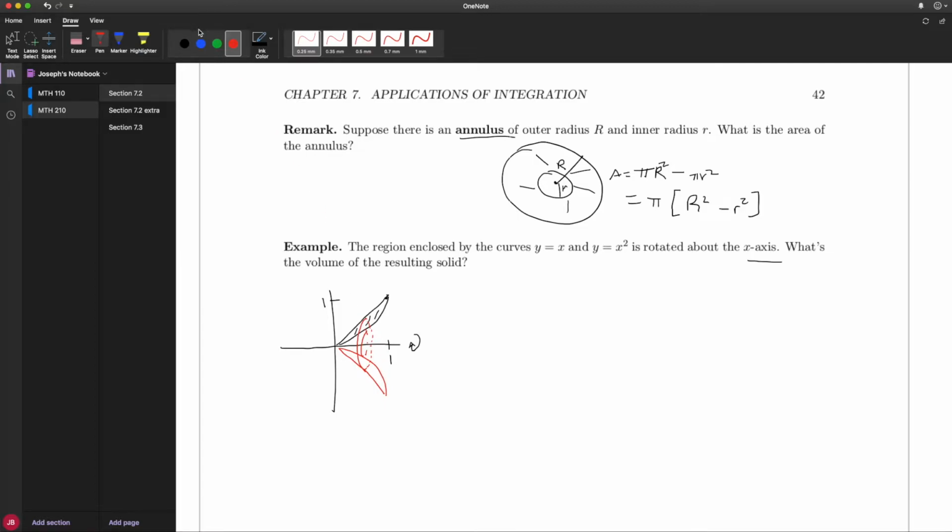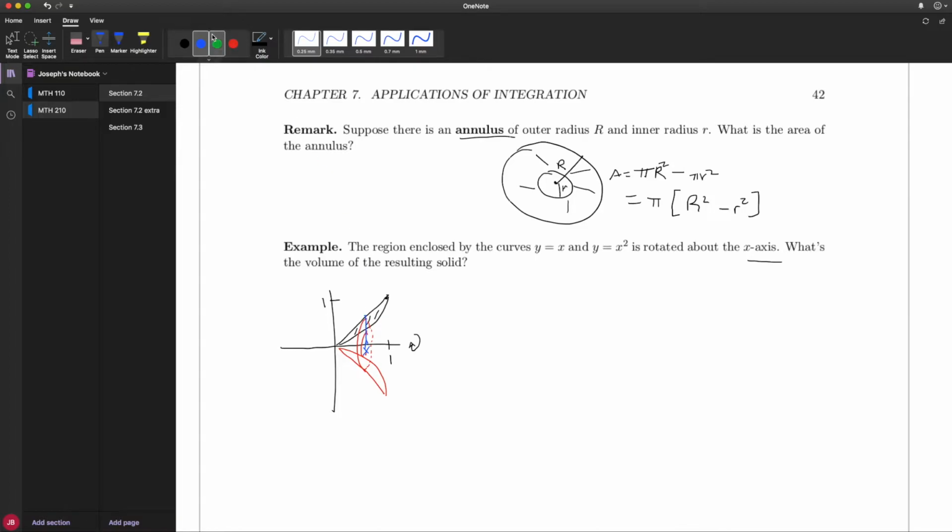And so the outer radius, well, it's going to be given by a function. So let's pretend this is some x value in our range 0 to 1. It's going to be given by whichever function is farthest away from the axis of revolution.